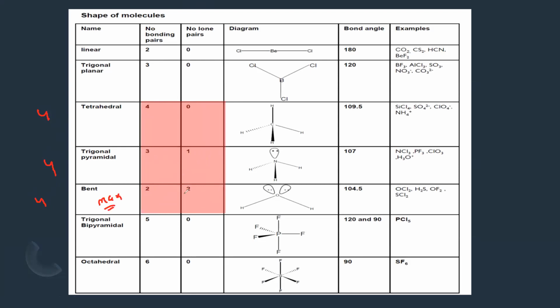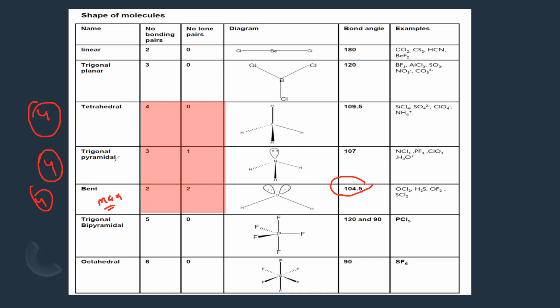As it has the maximum repulsion, this will have the smallest bond angle. Why are we not comparing this with others, like octahedral? As we know, the total number of electron pairs should be the same, 4, for a fair comparison. Then we check the number of bond pairs and lone pairs.